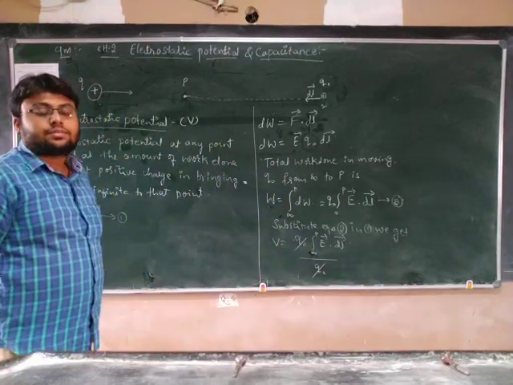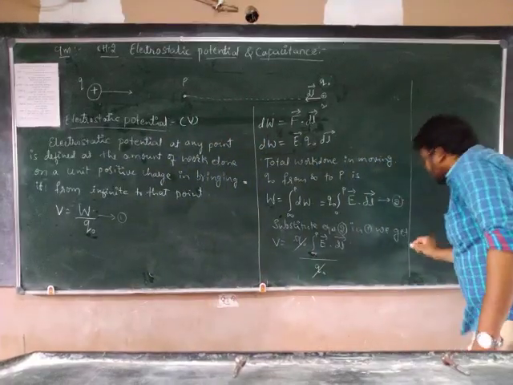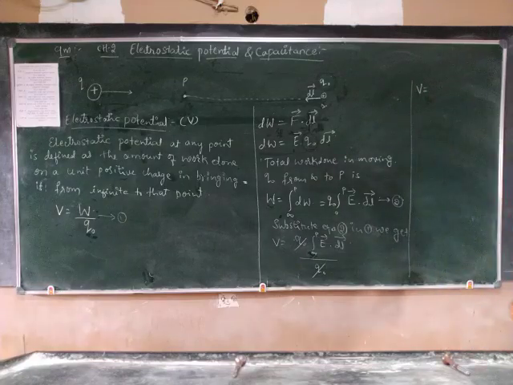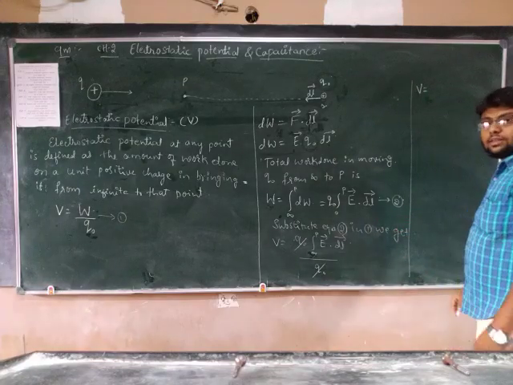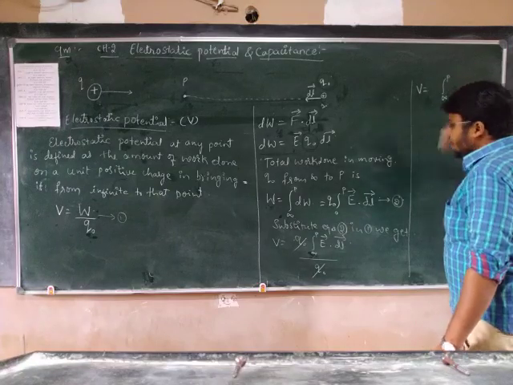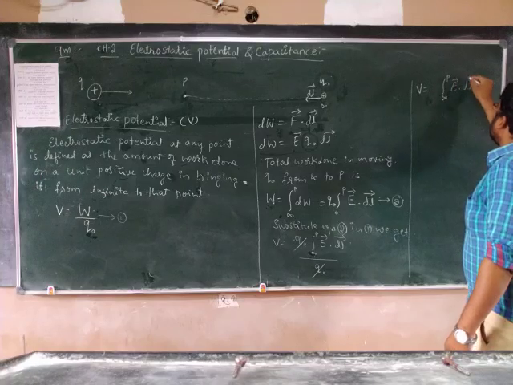Both Q naught will be cancelled. So now the potential is equal to, since Q naught got cancelled, the integral from infinity to P of E into dl.